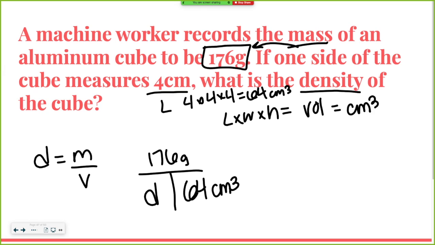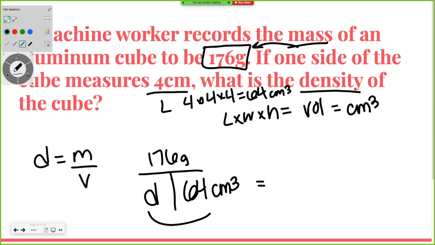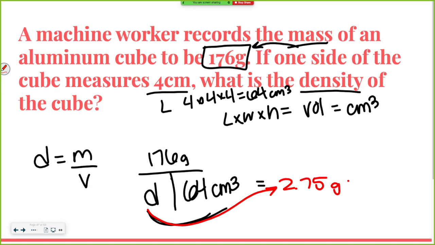All right, so divide, and what do you get? Density equals 2.75. Density equals, it didn't change. 2 point what? 75. Grams per centimeter cubed.